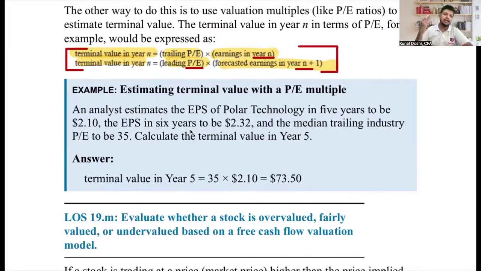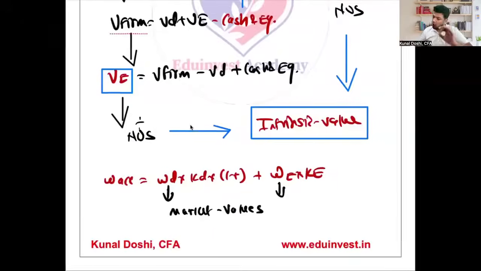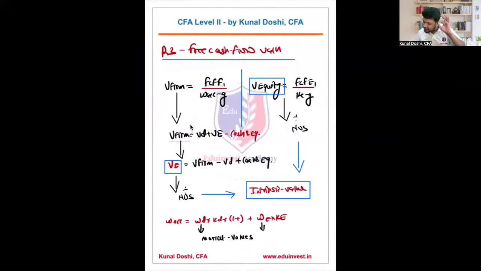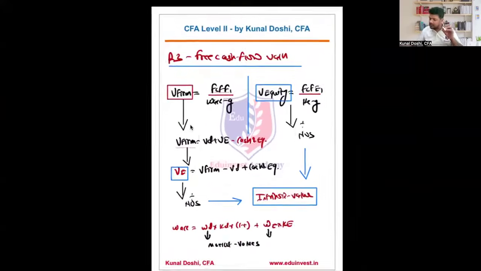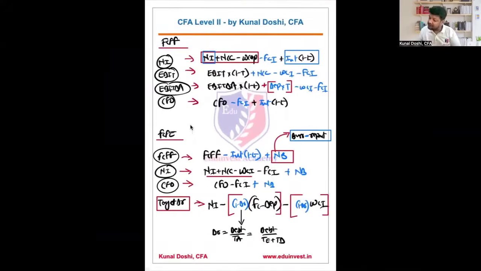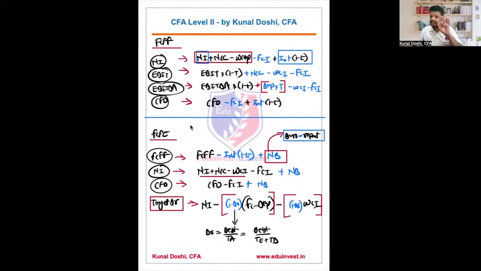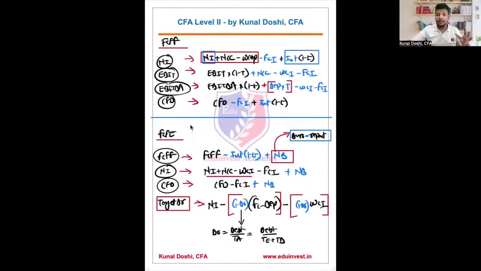Everyone? Clear. So all of the formulas needed for your free cash flow are covered here. First you're going to get your value of the firm, correct? WACC formula, FCFF, different approaches of FCFF and FCFE are mentioned. There is no other approach beyond this, correct? Now this topic sounds so lengthy, but in reality it is easier because all of that is combined here, you don't have to deviate anything beyond this.